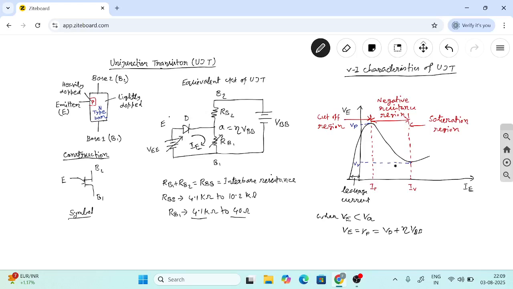And after the valley point, as the emitter current increases, the voltage increases slightly. That is stable, which is why this region is called the saturation region. Okay, thank you.